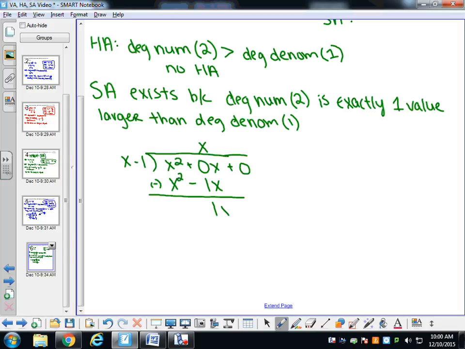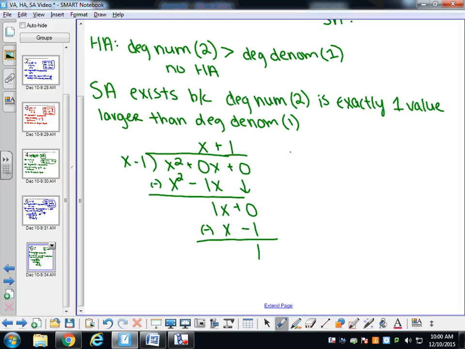So I end up with 1x. Bring down my plus 0. So I need to multiply that by a 1. So then I get x minus 1. So then it's 0 minus a negative 1, which gives me a positive 1.